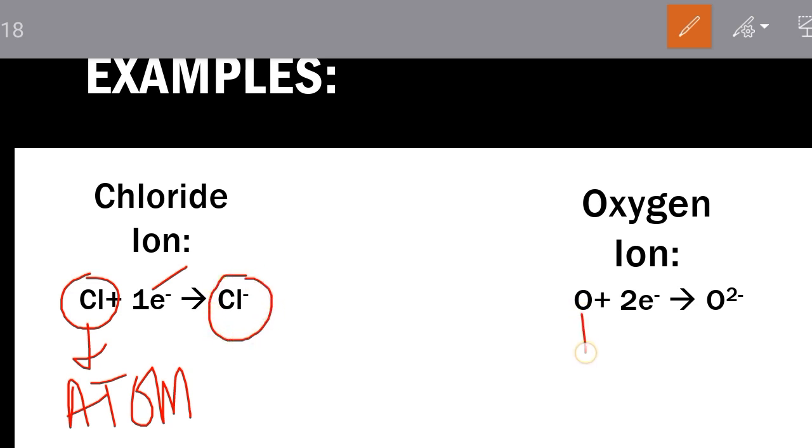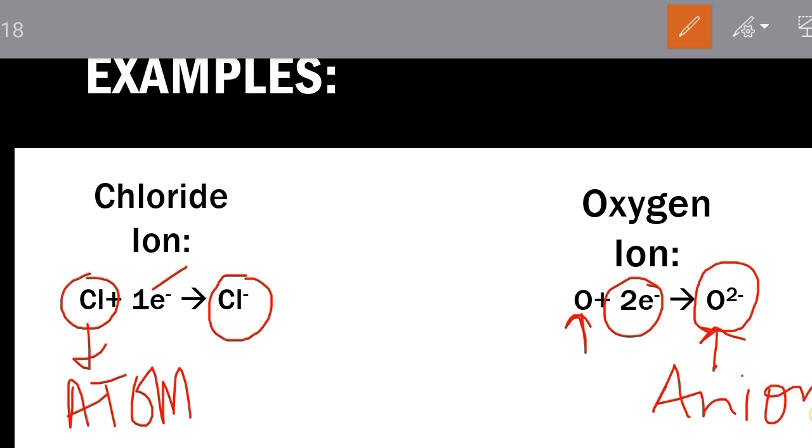And this oxygen atom is gaining 2 electrons and it is becoming the oxide ion, and as it is containing a negative charge, that's why you can say that it is an example of an anion.